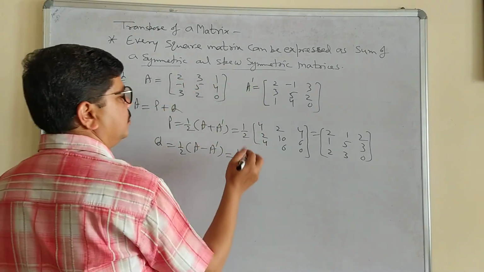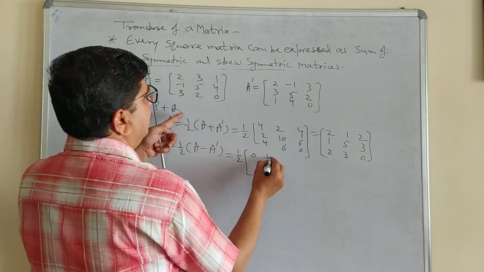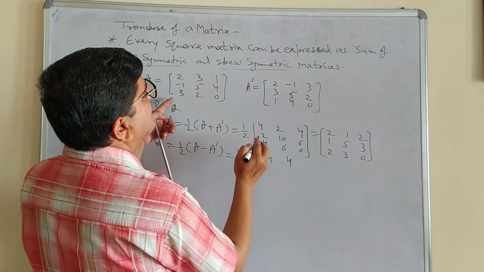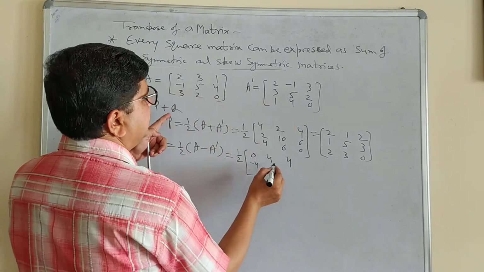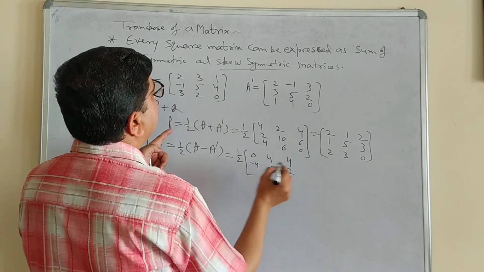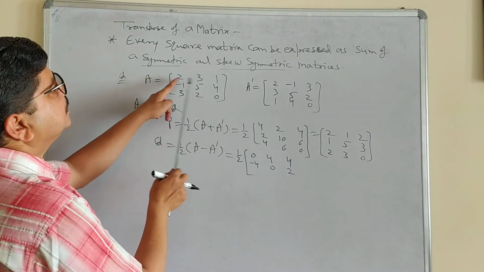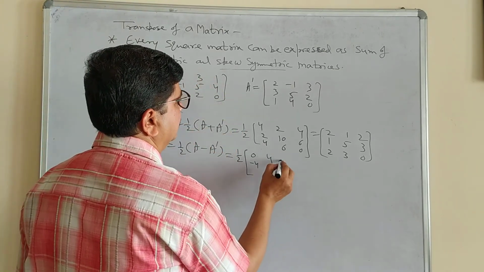So 2 minus 2 is 0, 3 plus 1 is 4, 1 plus 3 is 4, minus 1 plus minus 1 minus 3 is minus 4, 5 minus 5 is 0, 4 minus 2 is 2. So A minus A dash I am finding. So 3 minus minus 1 is 4, 1 minus 3 is minus 2.